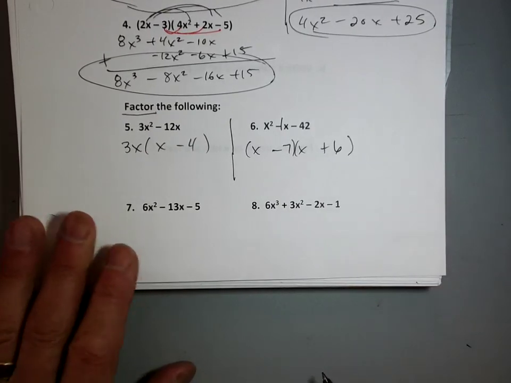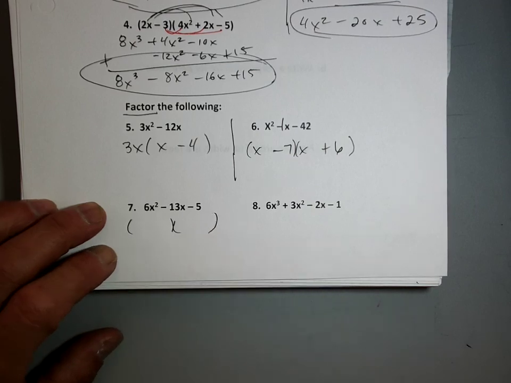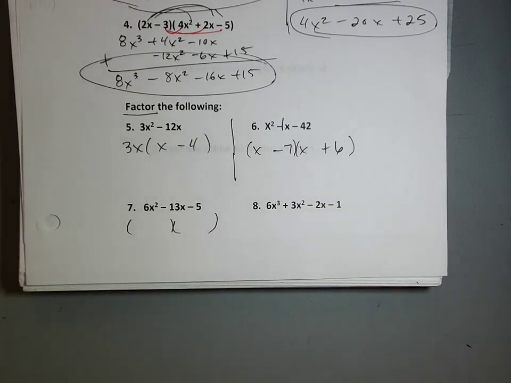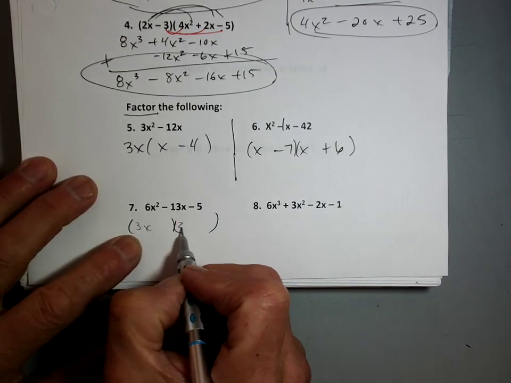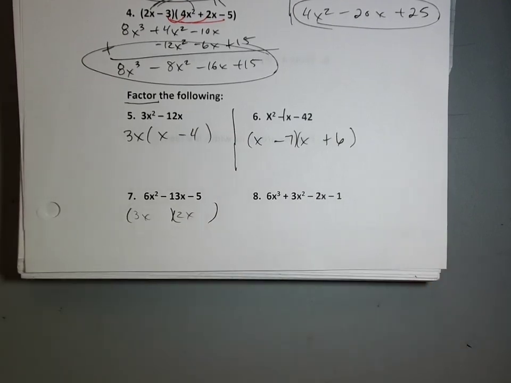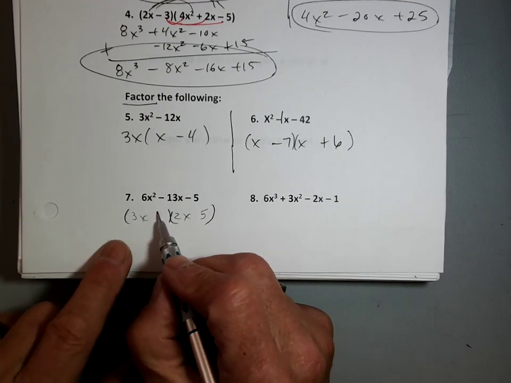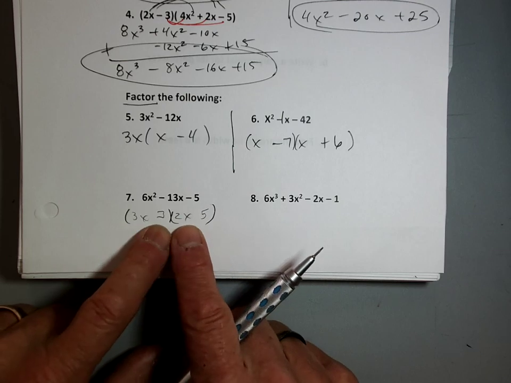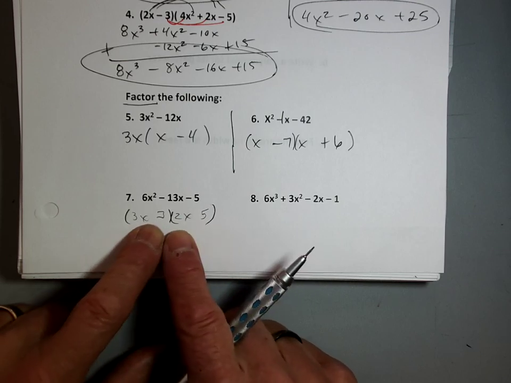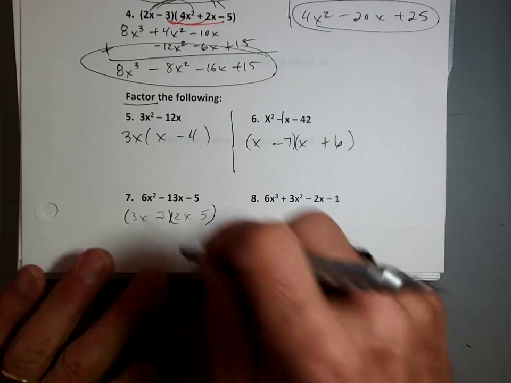Okay, 7. Parentheses, parentheses, parentheses, parentheses. Now I'm going to use my pencil because if I'm wrong, I can erase, right? Here's what I think, and I could be wrong. If I go 3x, 2x, and I'm just going to use my pencil just in case I'm wrong, I can erase. I think I want a 5 here and a 3 here because what I see is a 15 minus a 6. 15 and 6 does not make 13, does it? 5, yeah, 1, duh.